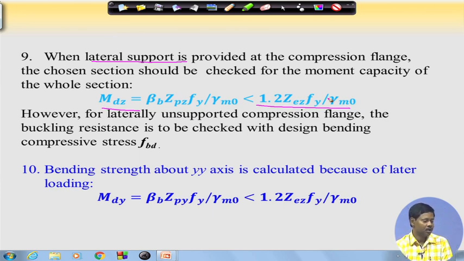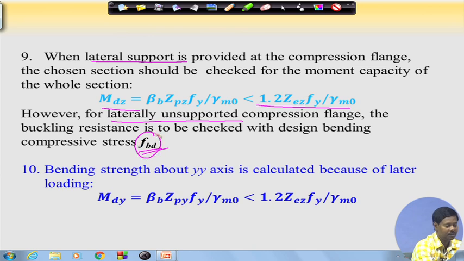However, this is true for a laterally supported beam, but if its compression flange is laterally unsupported, then the buckling resistance will be checked with the design bending compressive stress FBD. That means, considering the lateral torsional buckling effect, we will find out the value of FBD, the design bending compressive stress. Once we find out FBD, then we can find out the value of MDZ, which will be lesser than the value obtained for a laterally supported beam, right.